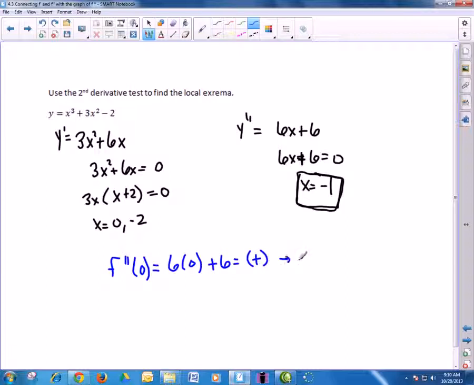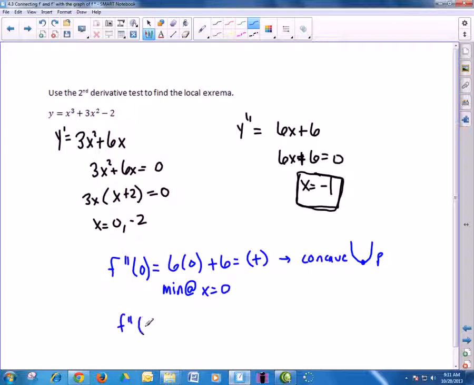All we care about is if it's positive or negative. So this means it's concave up at that point. If it's concave up, the graph looks like this, and our critical point's down there. That means that it is a minimum at x equals 0.